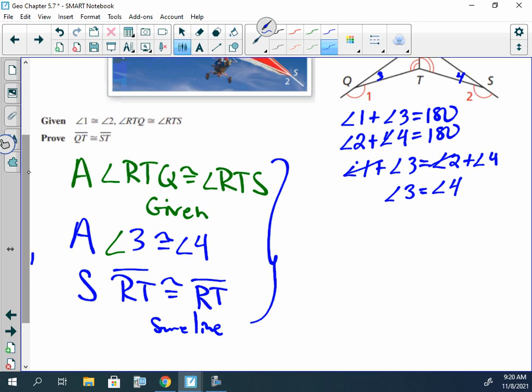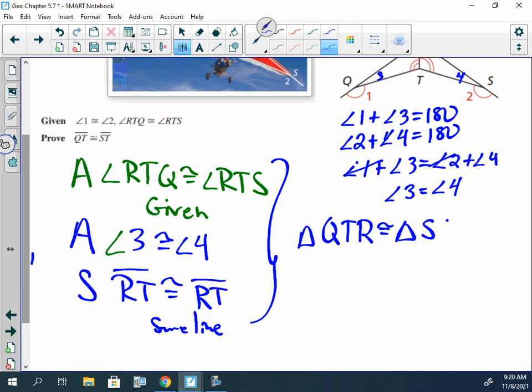Well, since these two, because of this here, we could say that triangle QTR is congruent to triangle, where do we start on the other one?